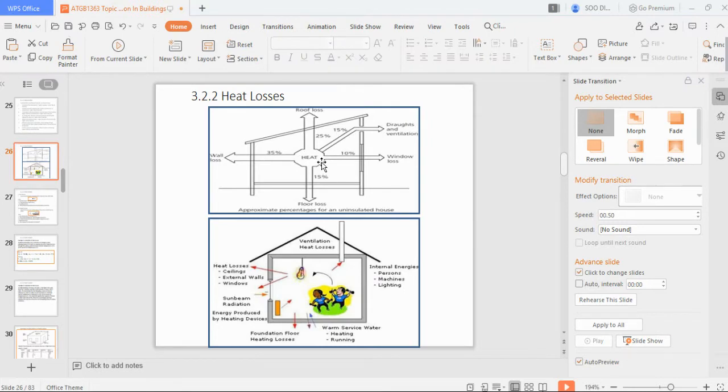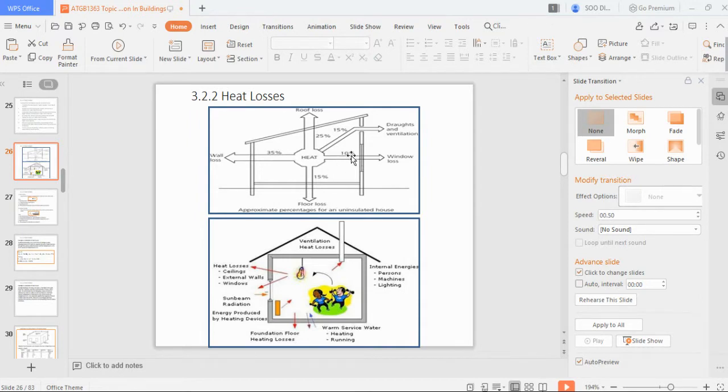Okay, so heat is always being lost to the environment. If the environment is very hot, you want to try to keep the heat from gaining into your room. But usually heat is lost to the environment because we are always generating heat inside a building. In a typical scenario, you'll be losing close to 35% through the wall, maybe 25% through the roof, 15% through ventilation, another 10% through the windows, and 15% through the floor.